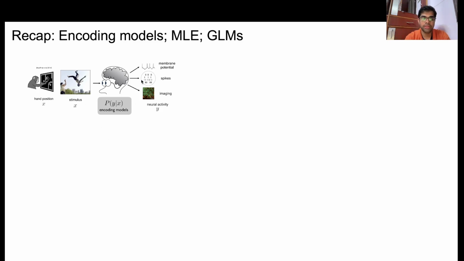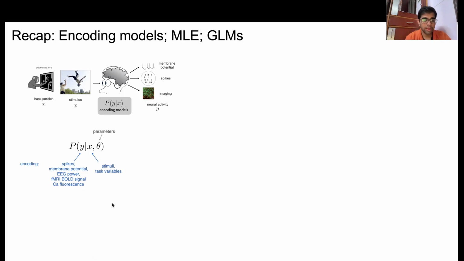These are encoding models, and basically the framework we use is this kind of notation, where we are trying to find the best distribution that can describe the spikes or neural activity or EEG activity given the stimuli or task parameters, like something in the visual world, some edge in the image, or moving left versus right.